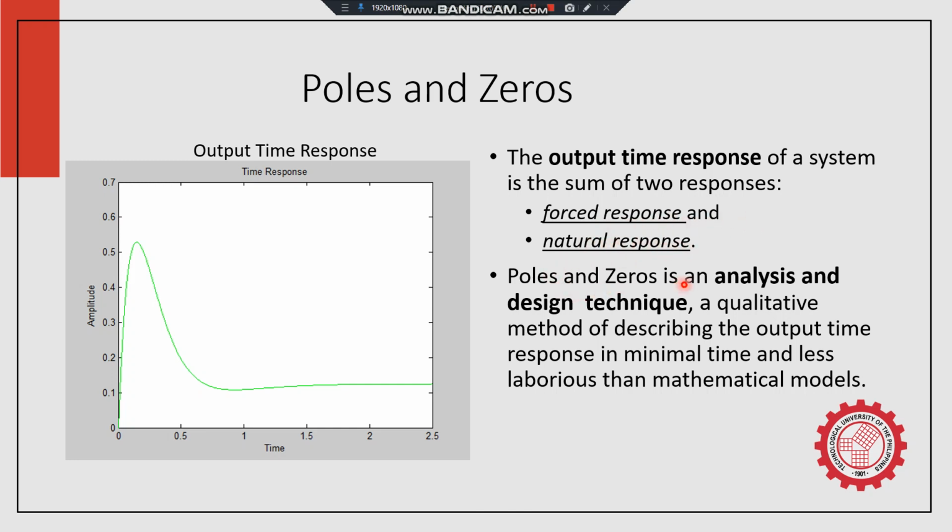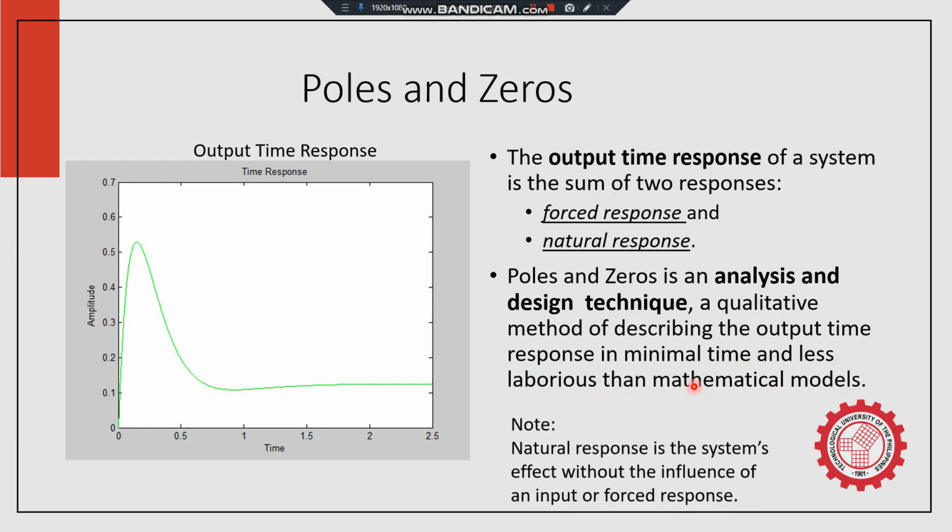Poles and zeros is an analysis and design technique, a qualitative method of describing the output time response in minimal time and less laborious than mathematical models. So we have to take note that the natural response is the system's effect without the influence of an input or forced response.